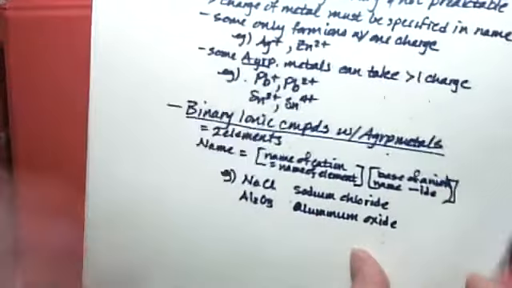In binary ionic compounds with B group metals, the idea is much the same, but not entirely.